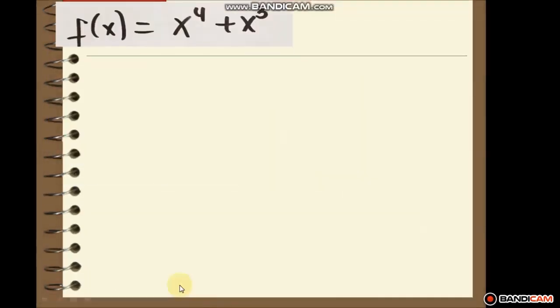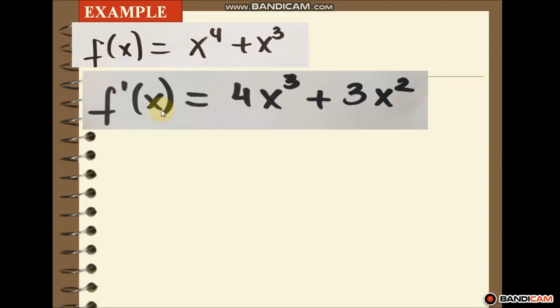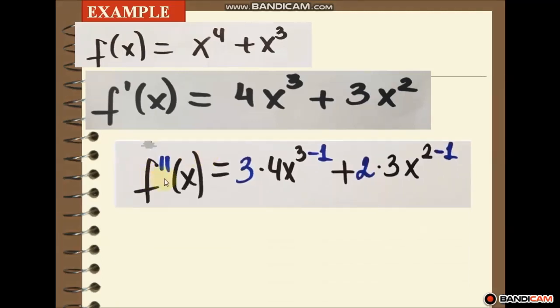Let's solve examples. f(x) = x^4 + x^3. You know how to find the first derivative. This one will be 4x^3 + 3x^2. So let's take the second derivative.